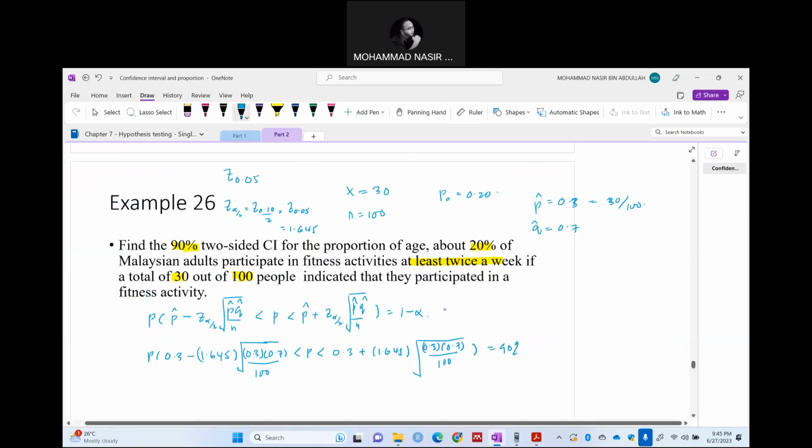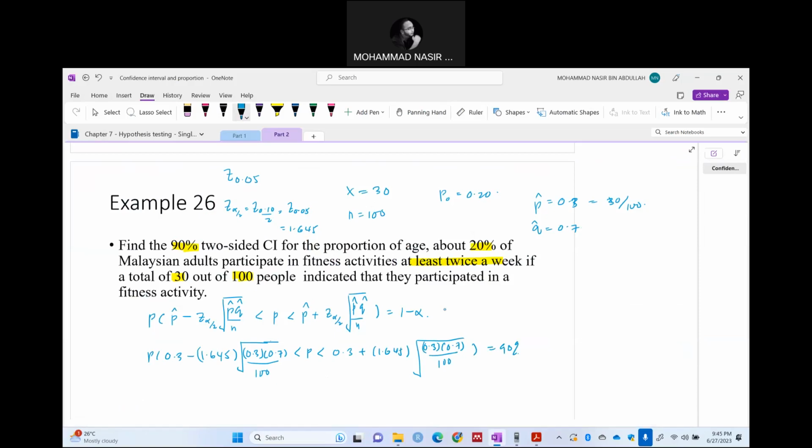If you calculate the value, you will get 0.2244, and 0.3756.